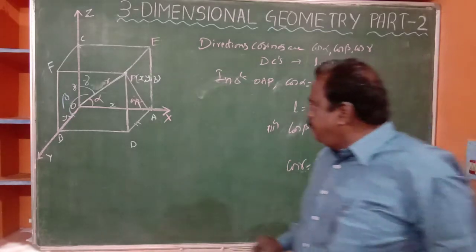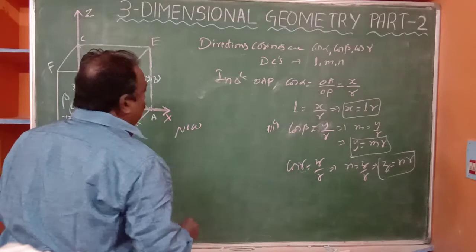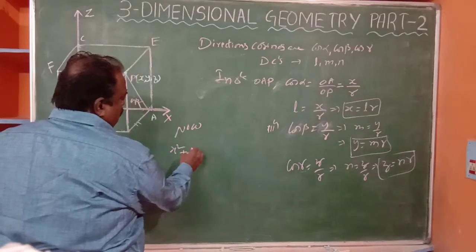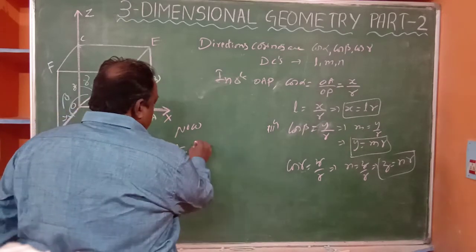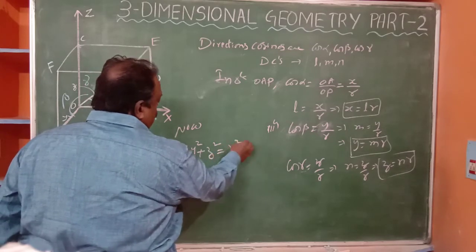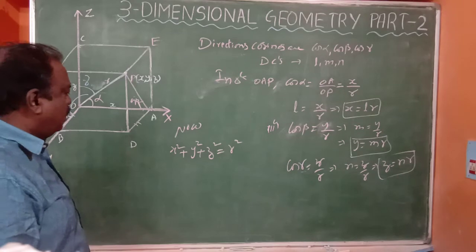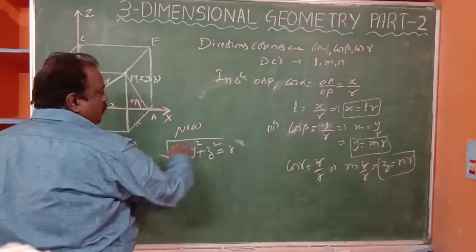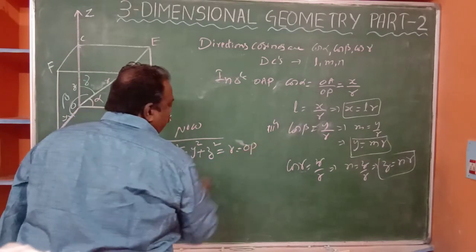Now observe. What is x square plus y square plus z square? We write r square. This is the distance of the point, or otherwise OP also.